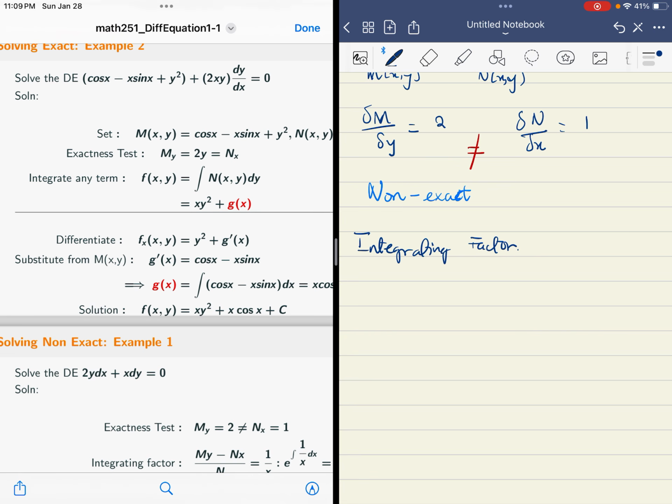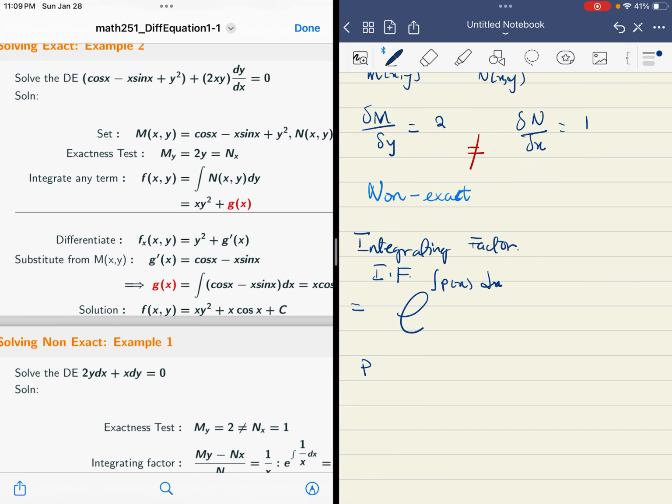For inexactness, your integrating factor, which I'm going to be using IF to represent, is, the formula is giving us the exponential function to the power of the integral of a certain p of x with respect to x.